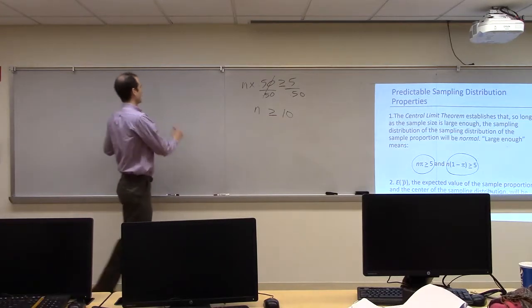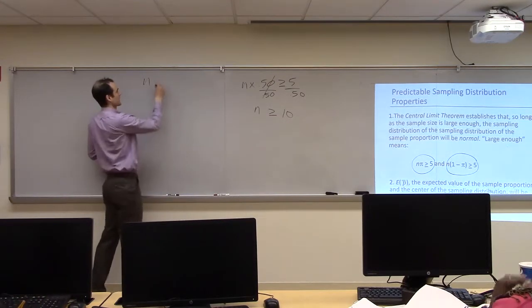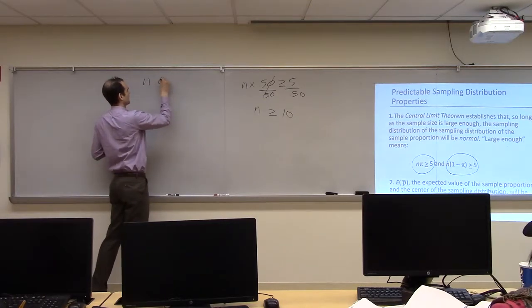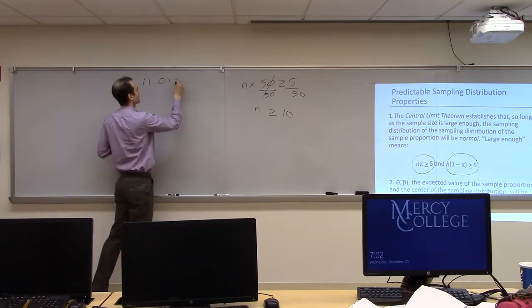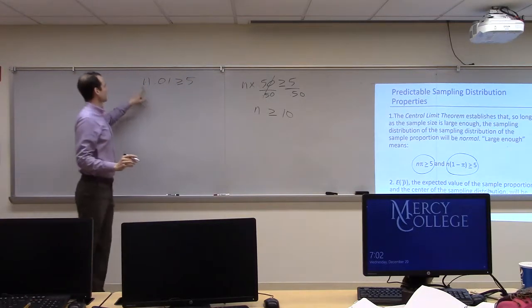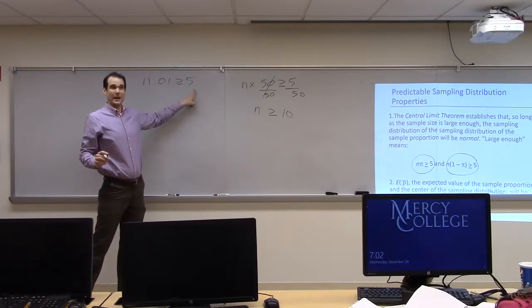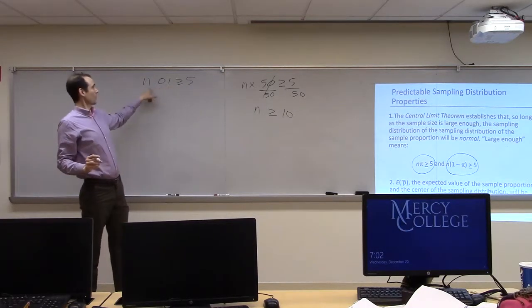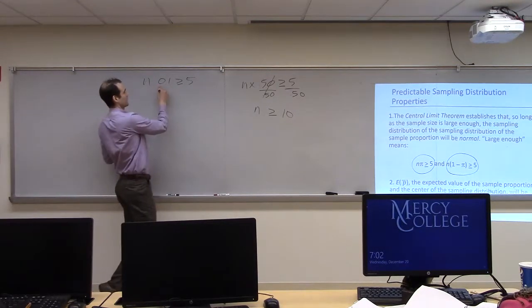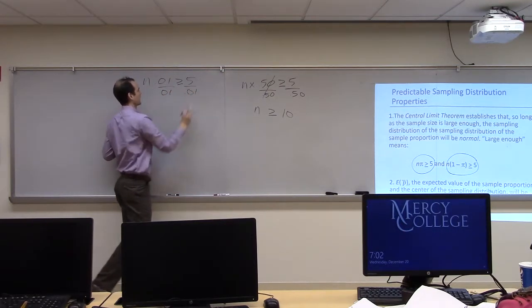Suppose, on the other hand, the population proportion is 1%. Alright, so we have n times 1% must be greater than or equal to 5. So let's solve for n. Divide both sides by 0.01.